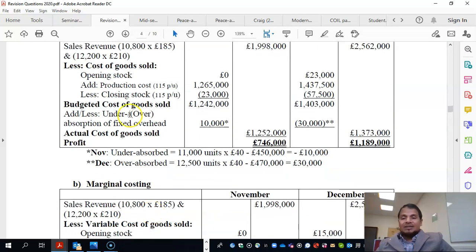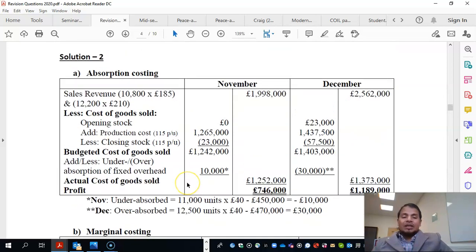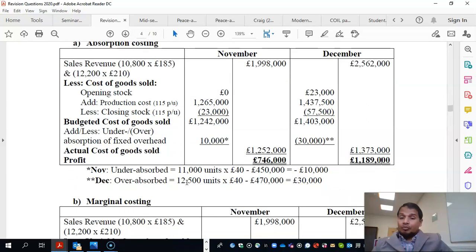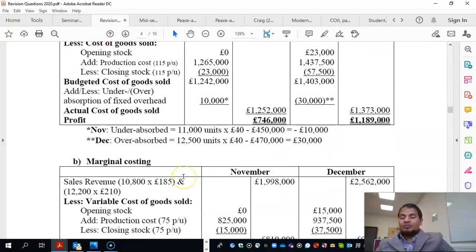This kind of calculation is not related to marginal costing. Okay, because marginal costing doesn't include fixed cost in cost of goods sold or product cost, and that's why it will not create any under absorbed or over absorbed in marginal costing.